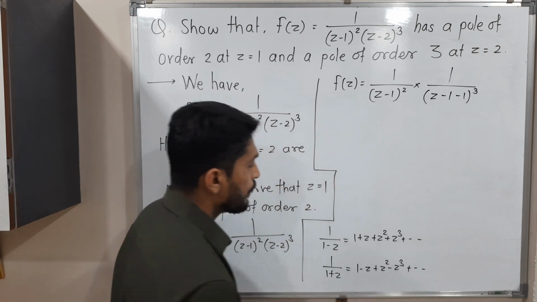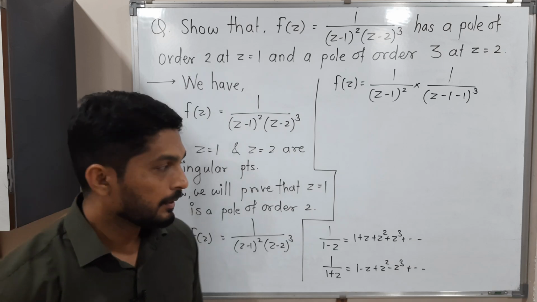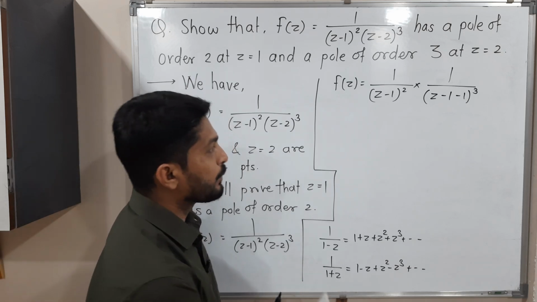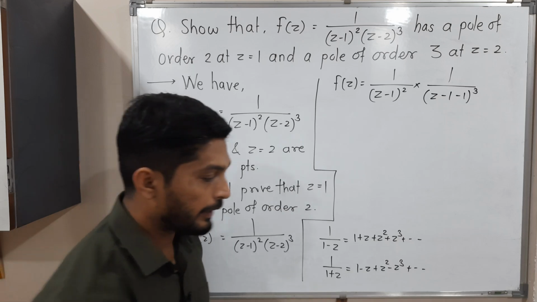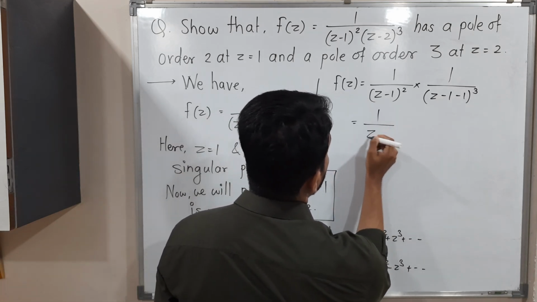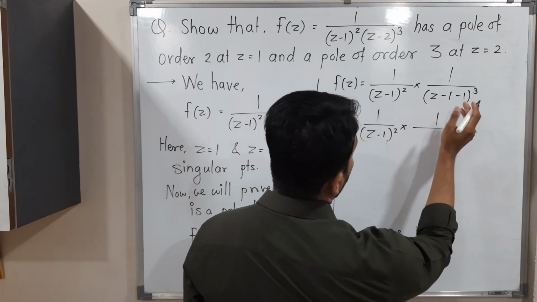Out of these two, one series I am trying to use here. You can easily see that at the bottom the first term should be 1, so there also I will try to bring 1.